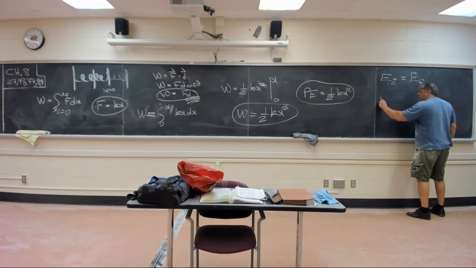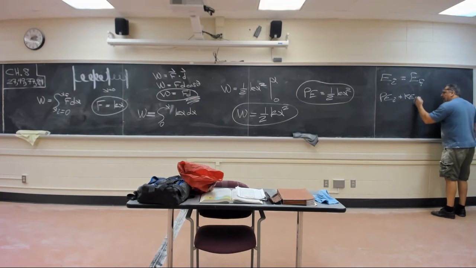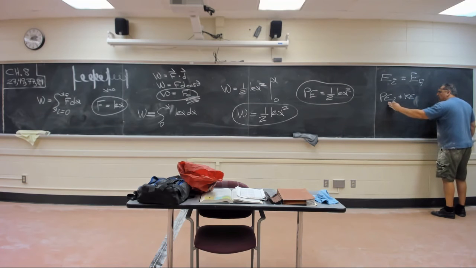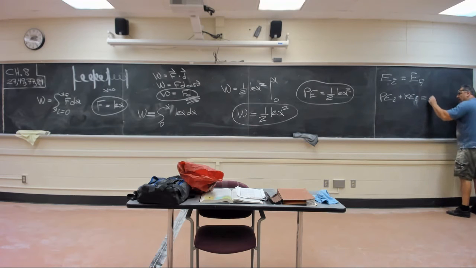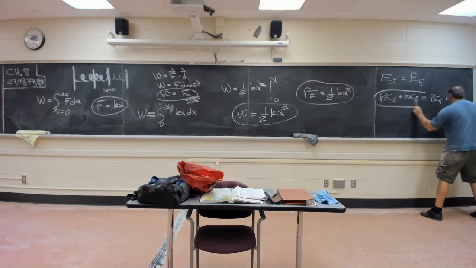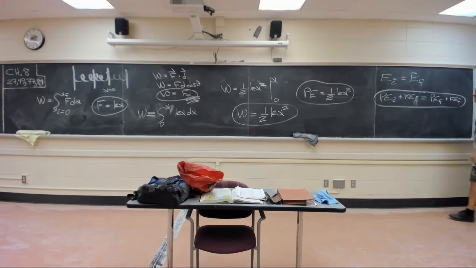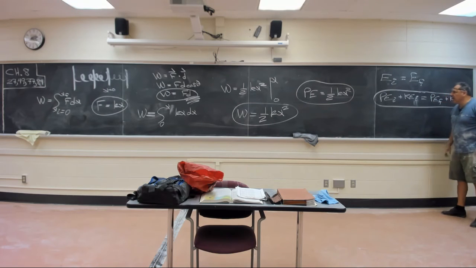So if you got potential energy initial plus kinetic energy initial, it equals potential energy final plus kinetic energy final. Yeah, and there might be other energy considerations that come in here.